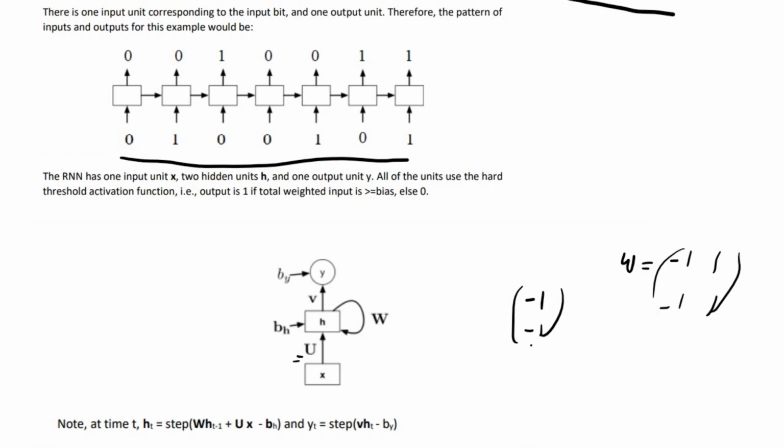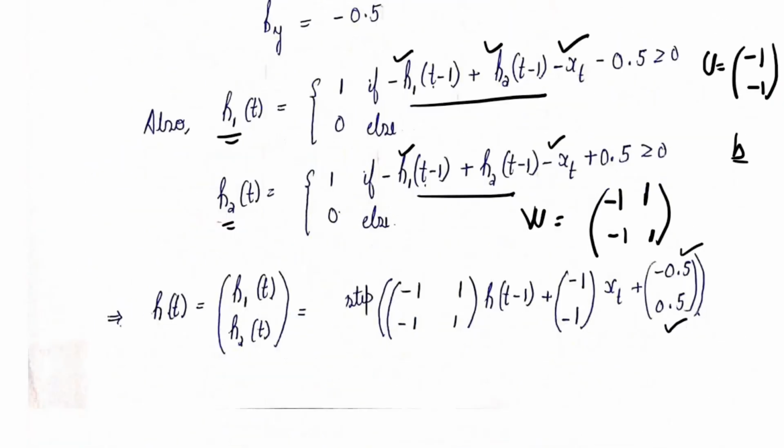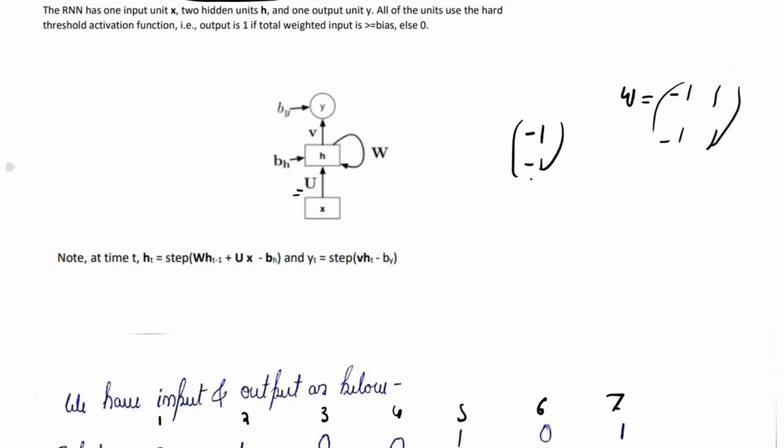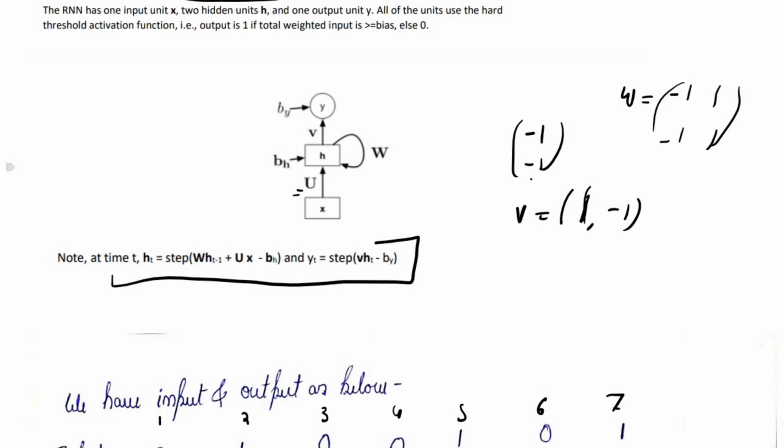The value of V was also determined, 1 comma minus 1. So V was also determined over here, and the bias terms remain the same, which we calculated, and these were the activation functions which were needed to be present for us to model the entire step.